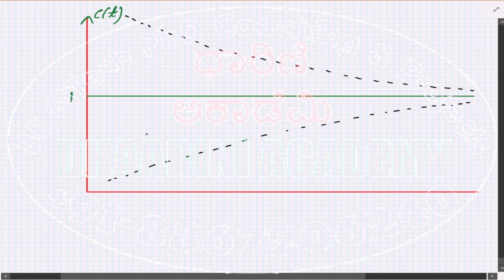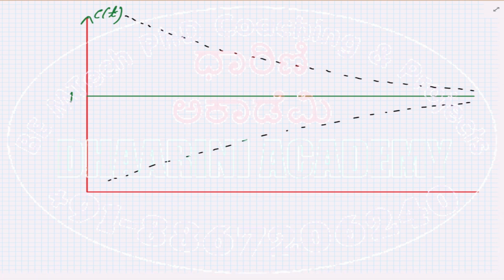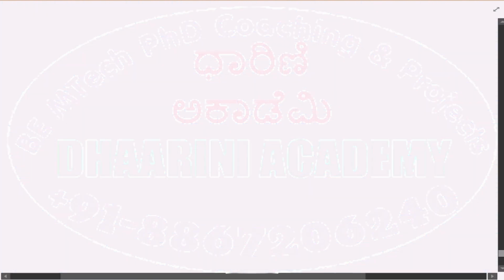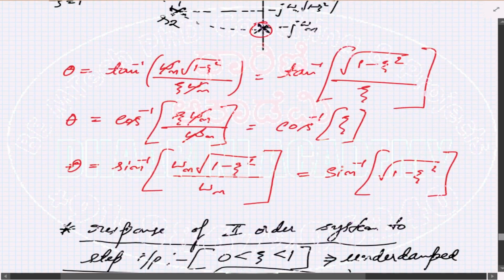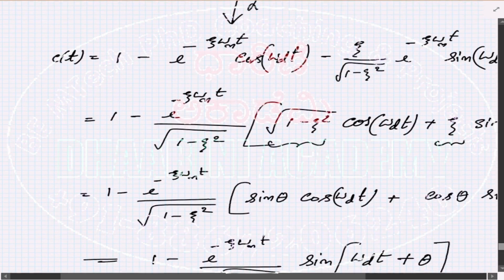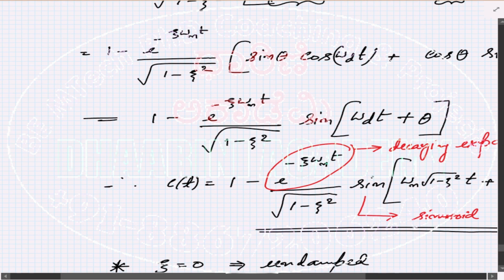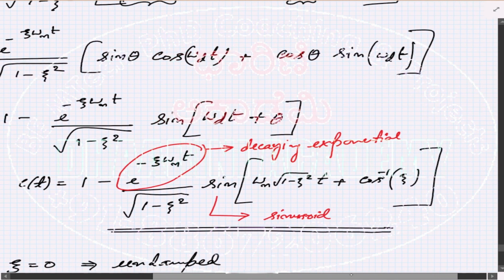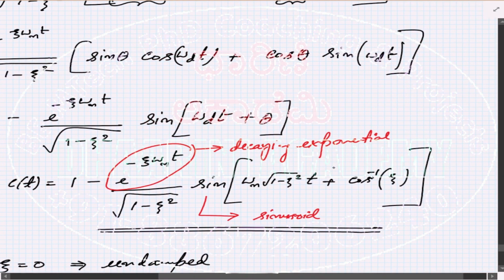Now, put t equal to 0. Whenever I put t equal to 0 in this equation, omega n into t is 0. So the time becomes 0, e to the power 0 is also 1.